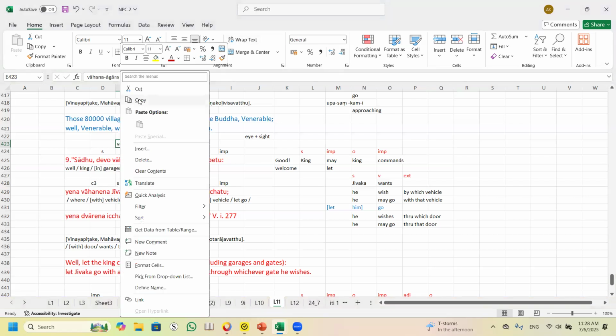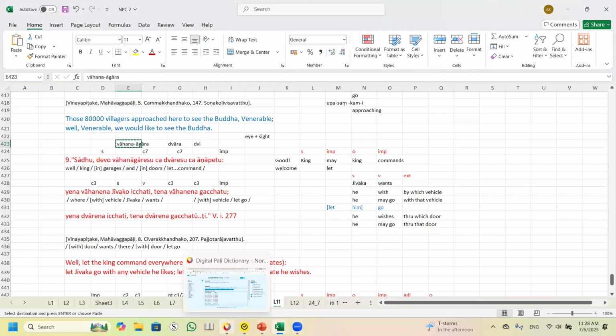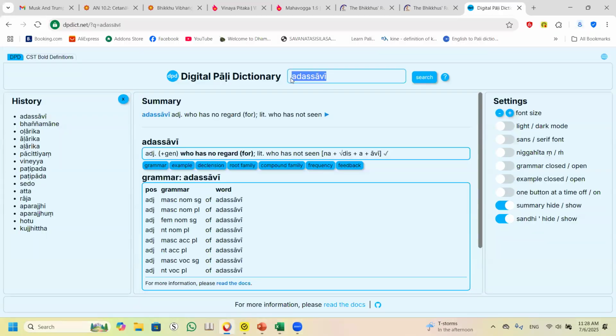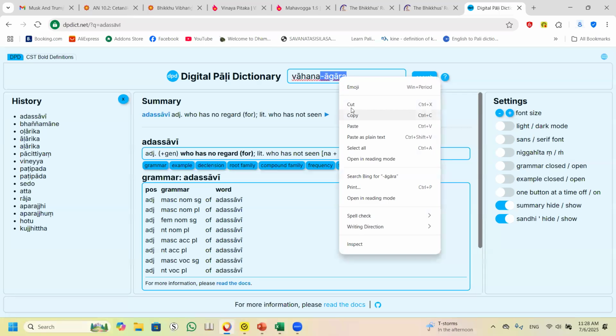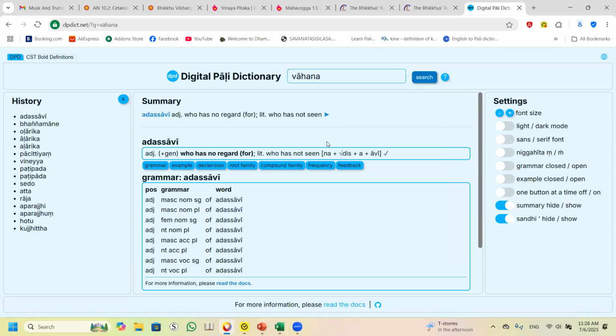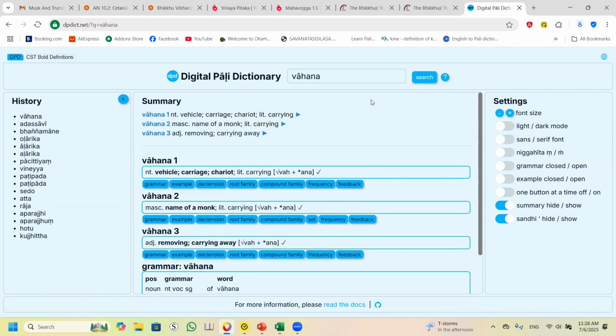Let's go and check the dictionary. Can you see? This is Vahana. Vahana can be a carriage, a vehicle, a chariot, whatever. It can be a neuter noun, masculine noun, or adjective.